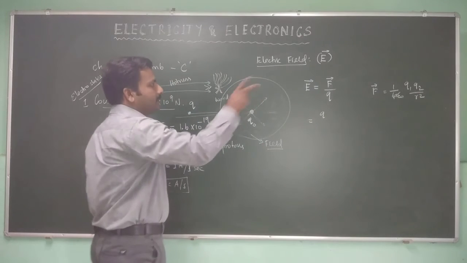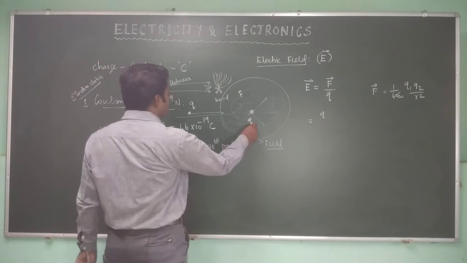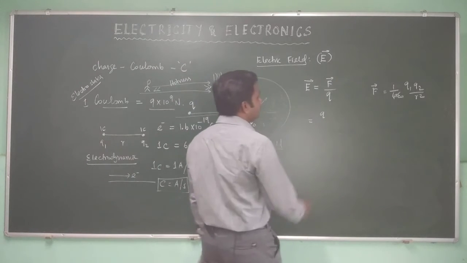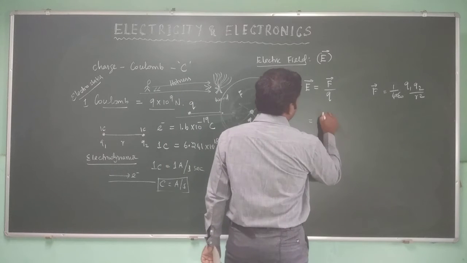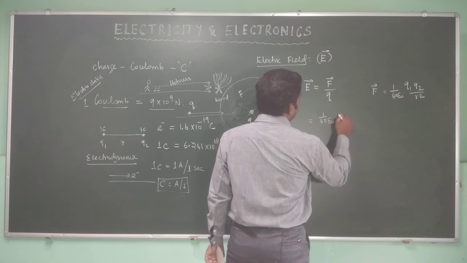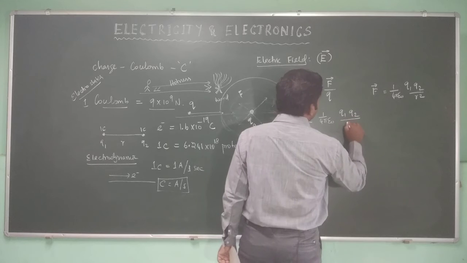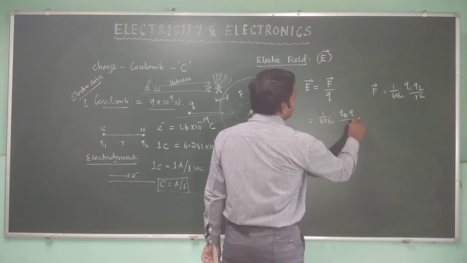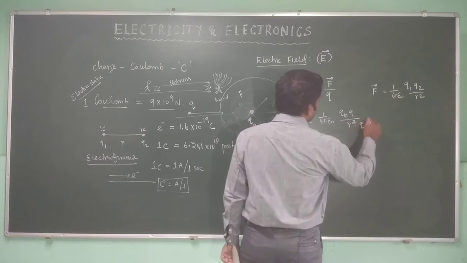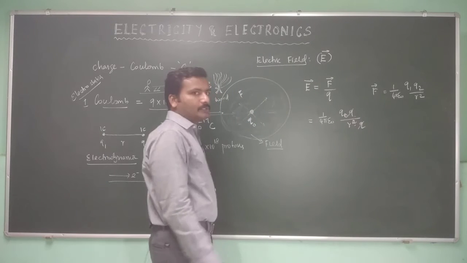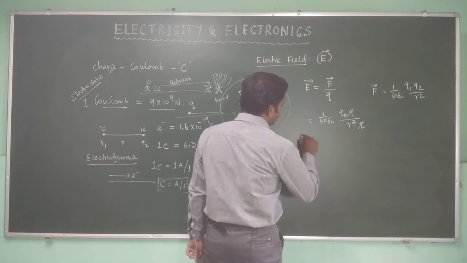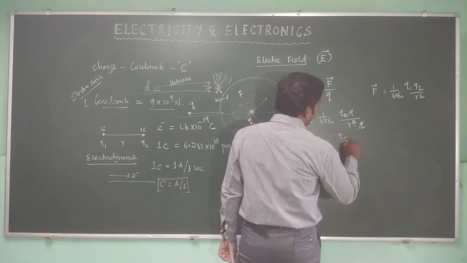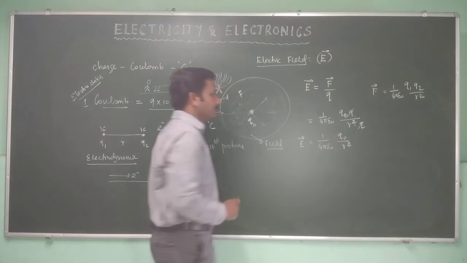The two interacting charges are Q naught and Q. If you substitute the formula for F, you can write 1 by 4 pi epsilon naught Q naught Q by R square divided by Q. So this and this will go out. So now the electric field E is nothing but Q naught by R square.